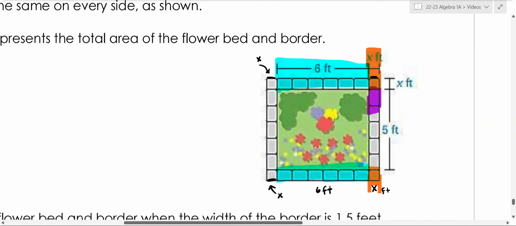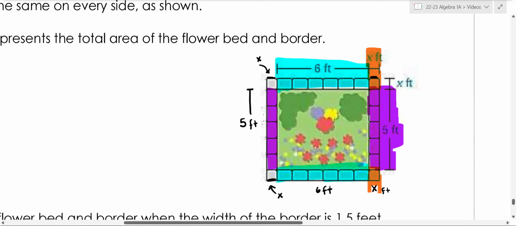From these pavers right here, it's 5 feet, so these pavers here are also 5 feet. But then what about this leftover distance?